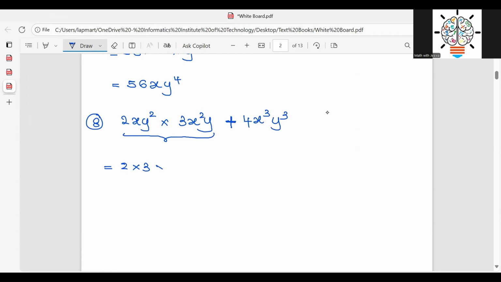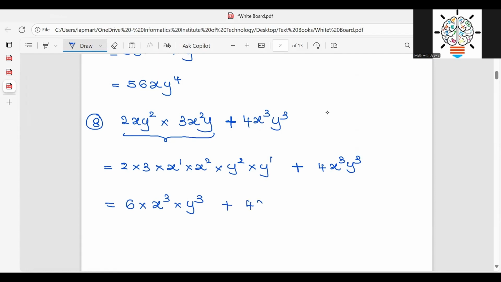2 times 3, x times 1, x to the power 1, x to the power 2, y to the power of 2, y to the power of 1, plus, then you write the next step, x cube and y cube. 2 times 3, 6. x to the power 3 and y to the power 3 plus 4x cube y cube.